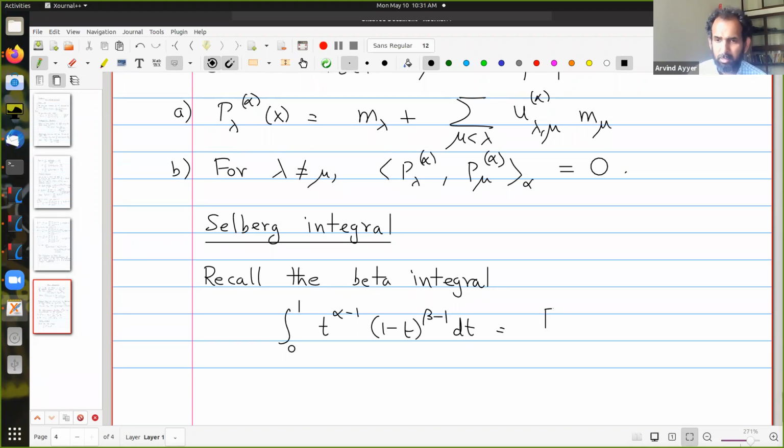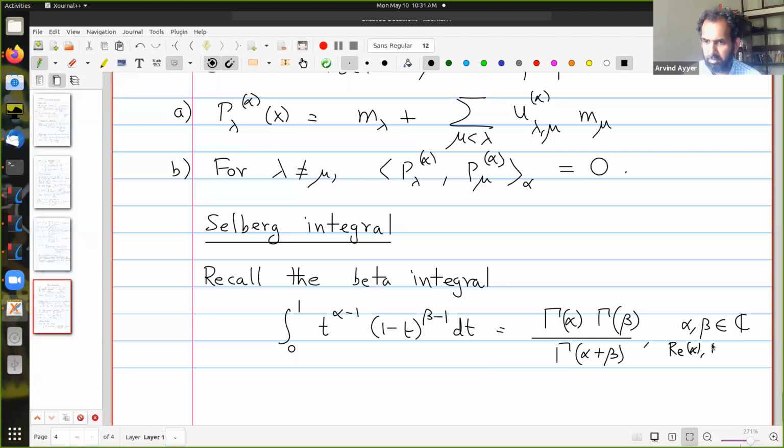This is gamma of alpha gamma of beta divided by gamma of alpha plus beta, where alpha and beta are such that the real part of alpha and the real part of beta are strictly positive.